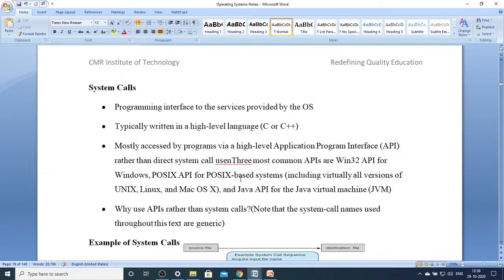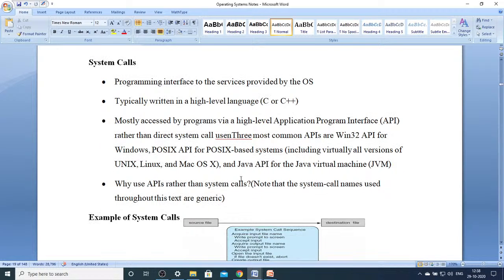After the fifth evolution, multimedia systems, lastly you can explain handheld systems. This is the sixth evolution. So these are the six evolutions you can explain.